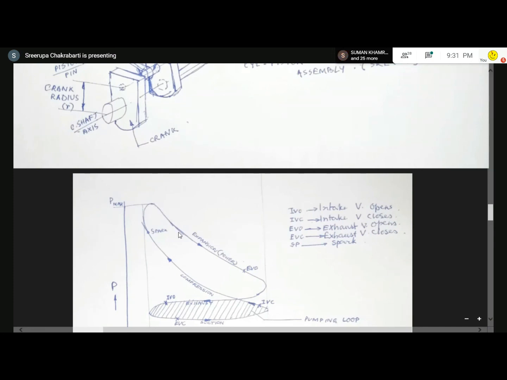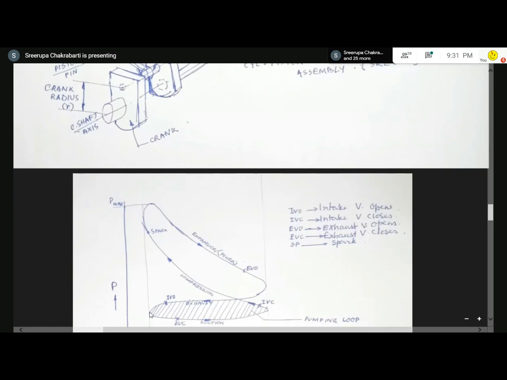After coming to this point, this is the expansion process. Theoretically it should end over here, but actually the exhaust valve opens slightly before; I will explain that later. Now you think that the expansion process ends here and the exhaust starts here.